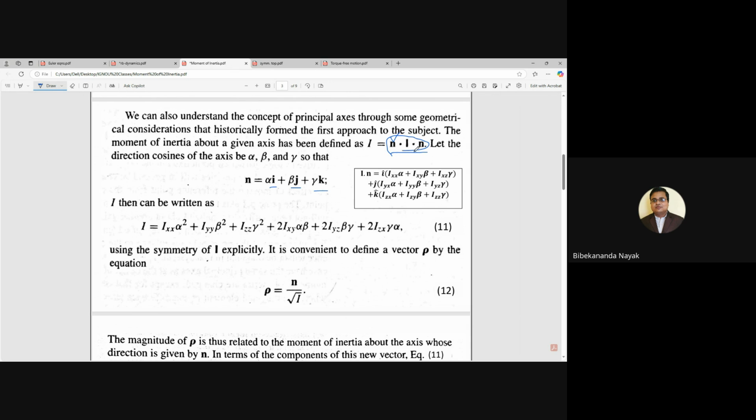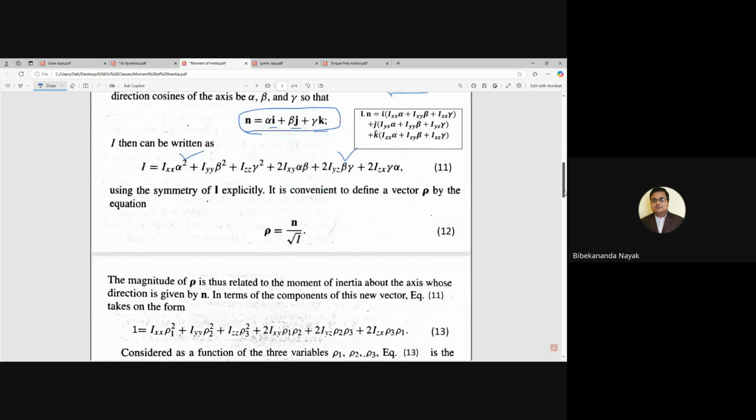Again it will dot with n, so we get I_xx alpha square plus I_yy beta square plus I_zz gamma square plus 2 I_xy alpha beta, 2 I_yz beta gamma, and 2 I_zx gamma alpha. Problems sometimes give the vector n and ask you to calculate the moment of inertia; the matrix will be given. So you multiply component-wise and solve using this formula. This is important.